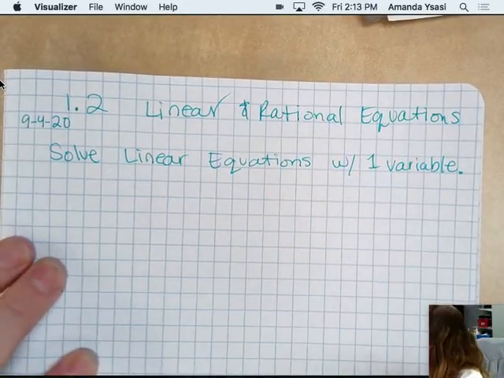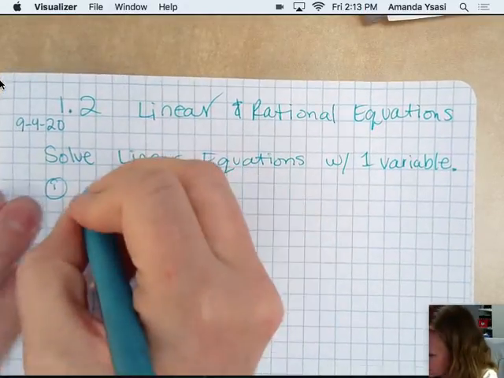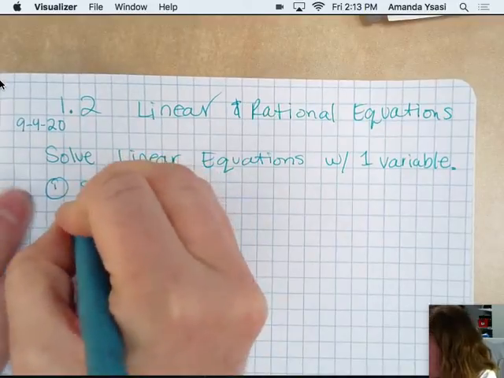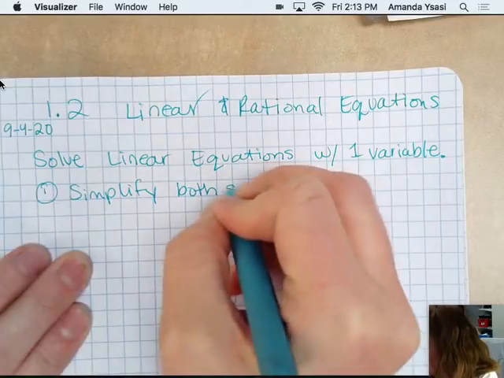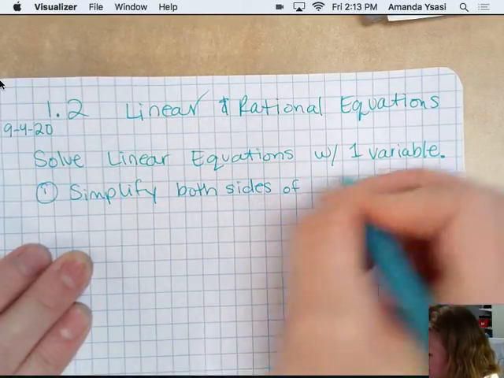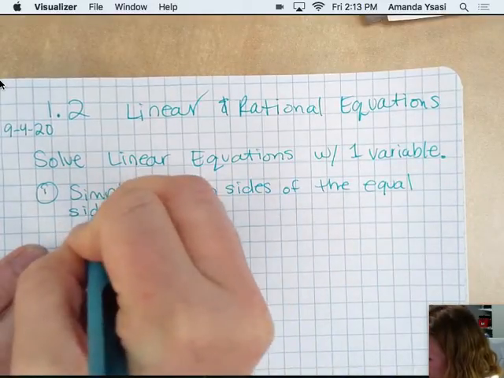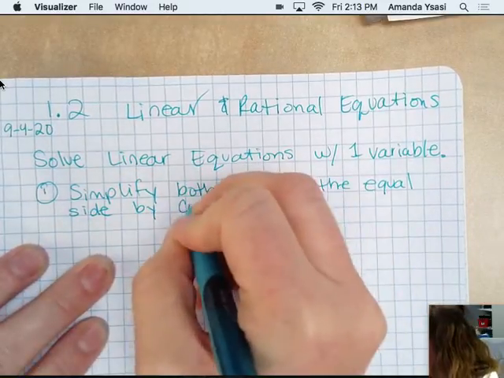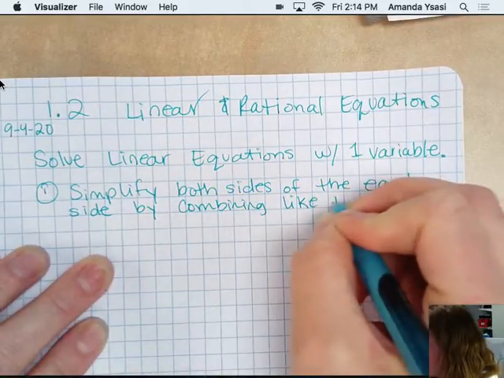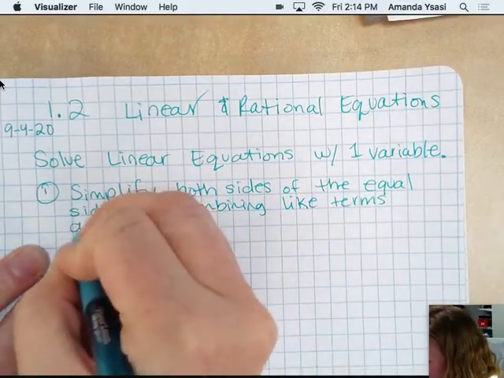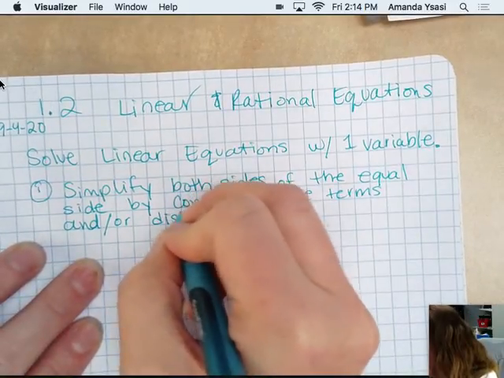To solve linear equations with one variable, your first step is to simplify both sides of the equal sign by combining like terms and/or distributing. It could be both, or it could be just one of them.